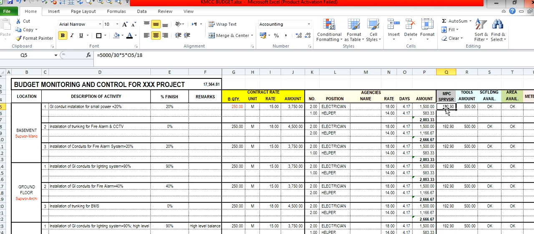So we also have to deduct the manpower supervisor. The supervisor calculation: let's say the salary of the supervisor is 5,000, divide by 30 days so that you get the rate per day, then times 5. Let's say you have 5 supervisors for many activities, because each supervisor can handle 2 to 3 activities or more.